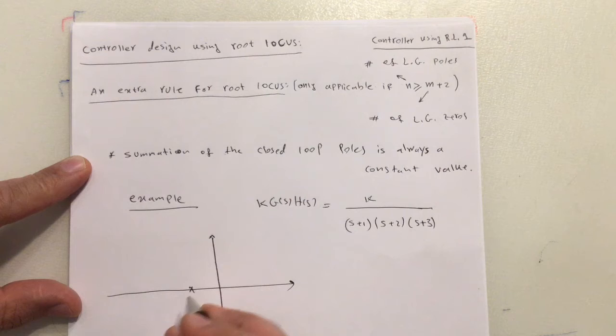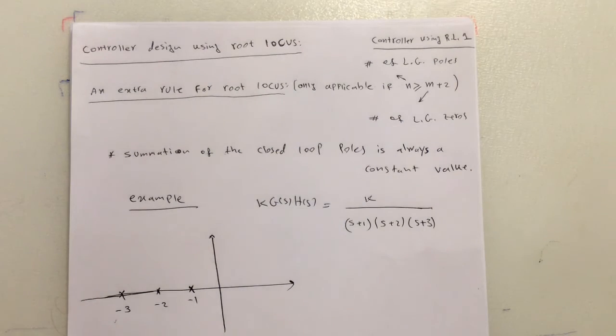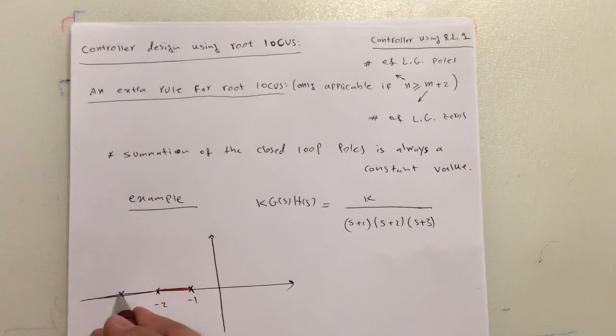So we have an open loop pole here at -1, another one at -2, and the third one here at -3. If you remember from root locus, this part between -1 and -2 is part of the root locus. Also here is part of the root locus.